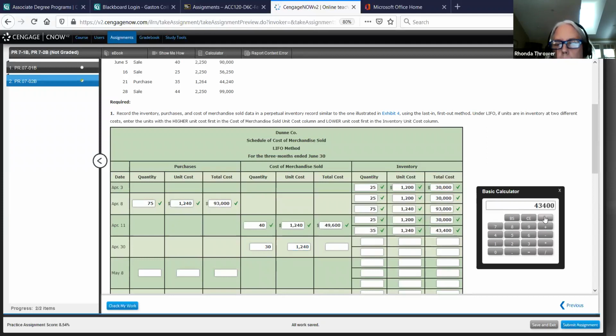So we would multiply 30 times 1240, and that will give you a total cost of merchandise sold on April the 30th at $37,200.